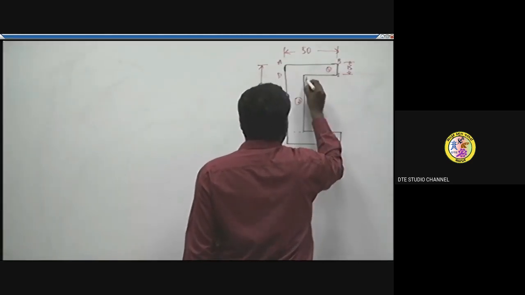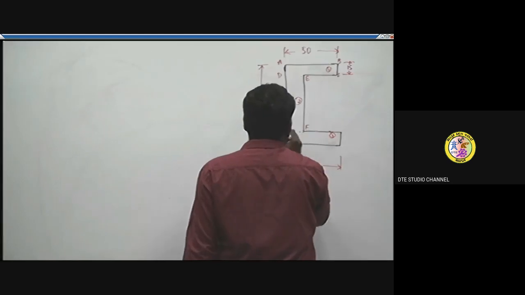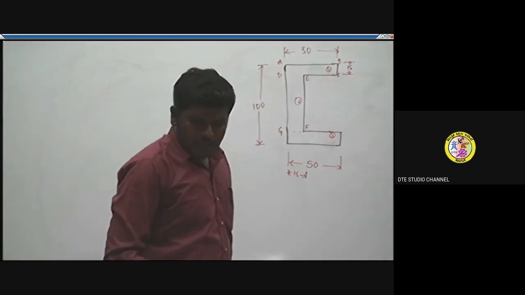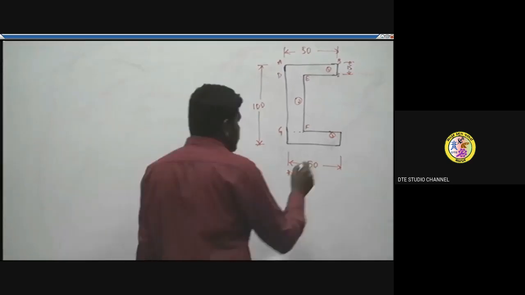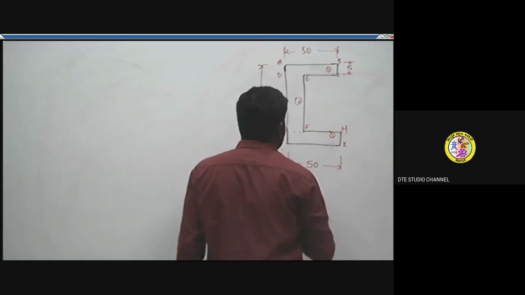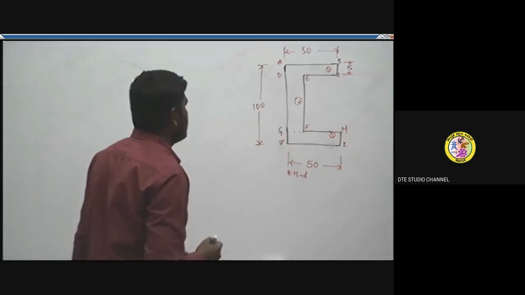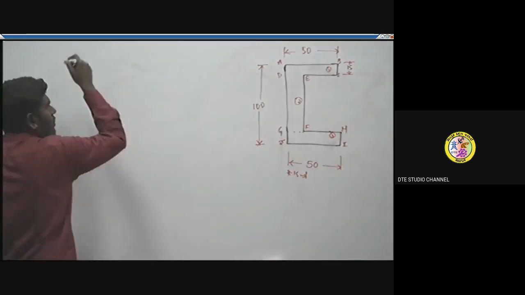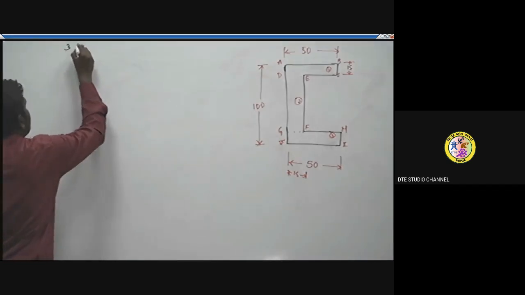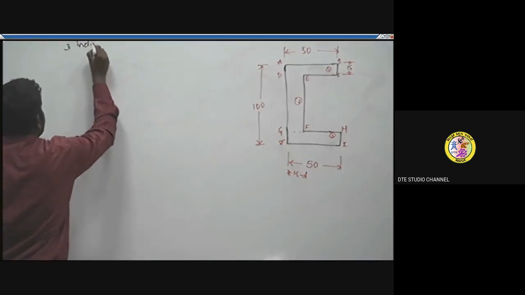I'll name them A, B, C, D here, and then this is D, E, F, G, and then G, H, I, J. I'll write that here. First, the given lamina is divided into 3 individual laminas or plane figures.